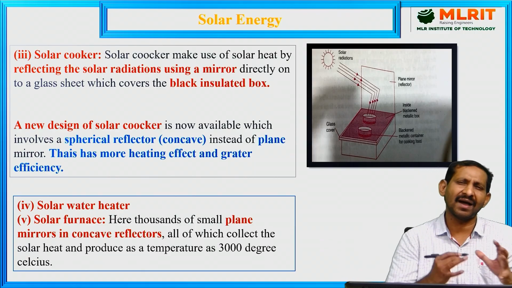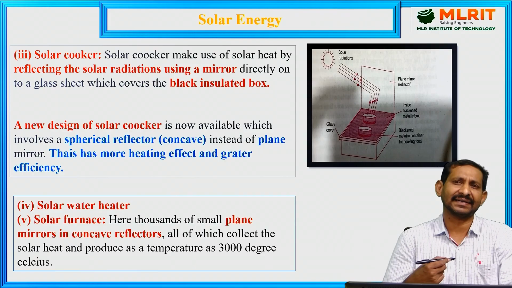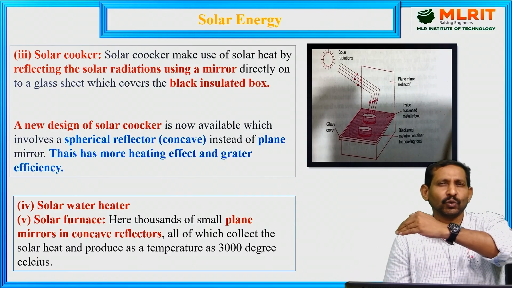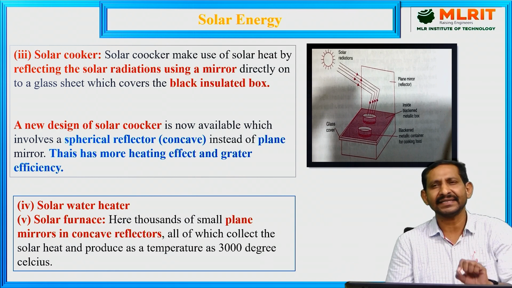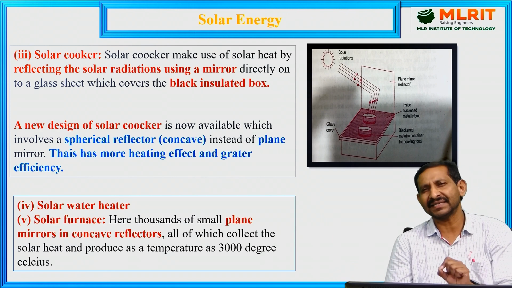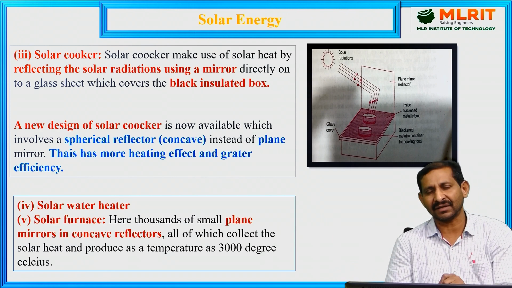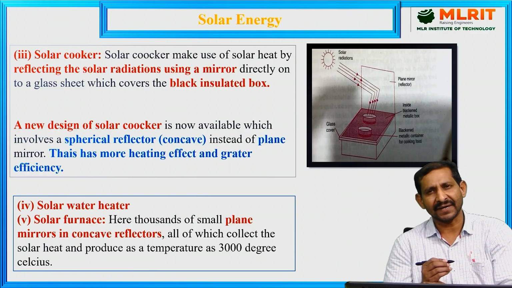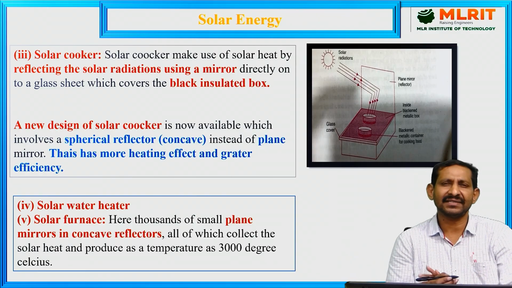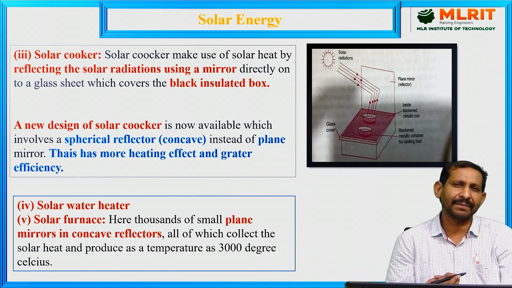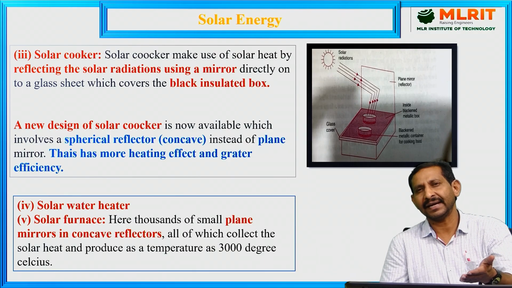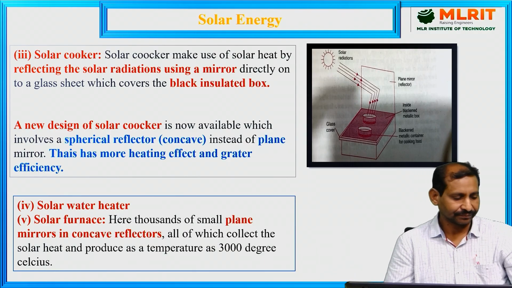A large number of mirrors are collected and connected, the heat is reflected through the mirrors, and heat-absorbing materials trap it in large quantity. That is called the solar furnace. It produces nearly 3000 degrees centigrade, and that heat will be used for further electrical energy.